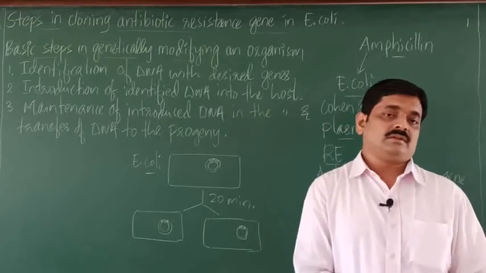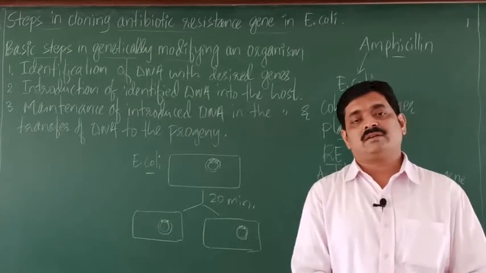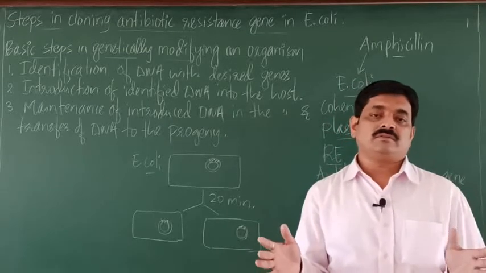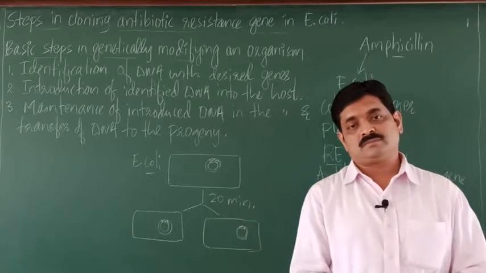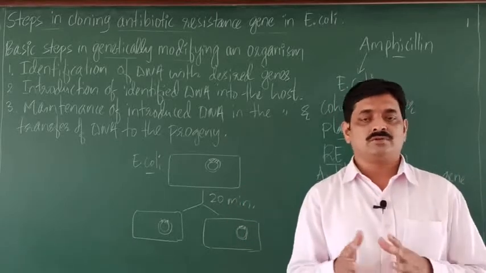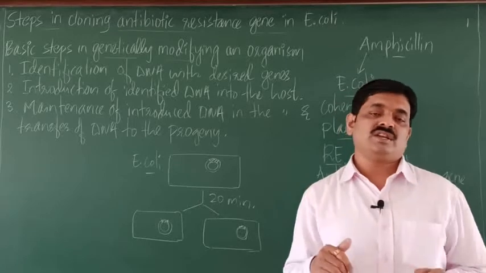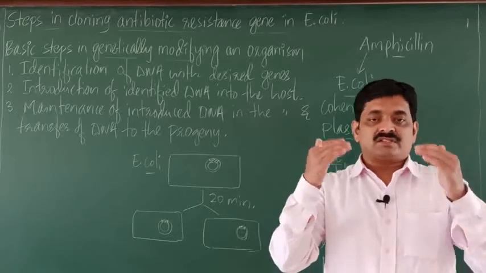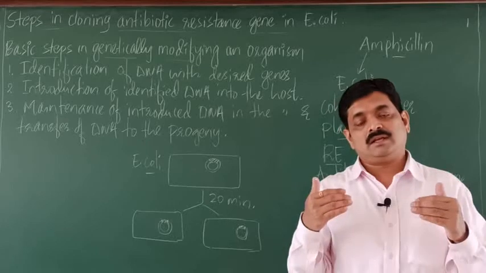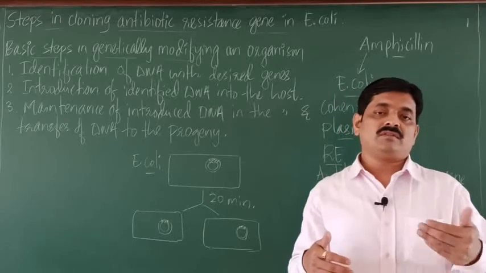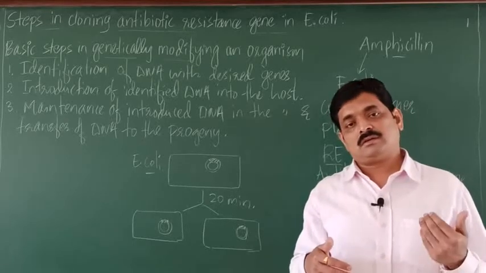Next, they took antibiotic resistance gene from a selected organism, right? From a particular organism, they took this antibiotic resistance gene and they inserted this gene in the plasmid with the help of another enzyme.